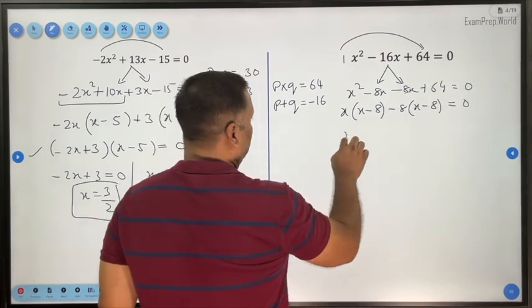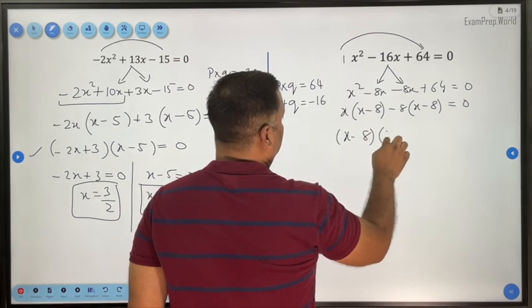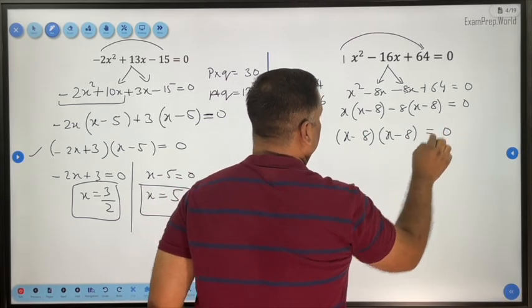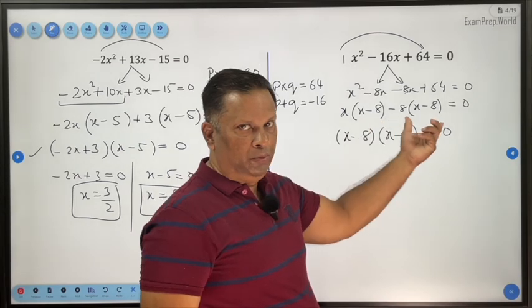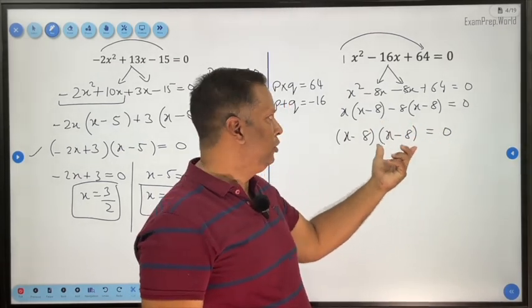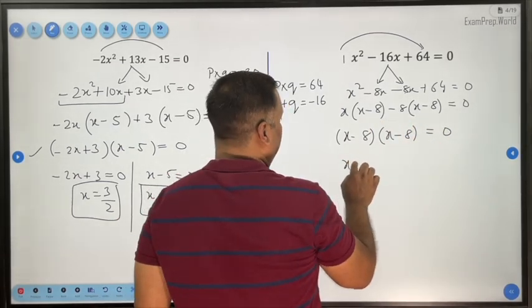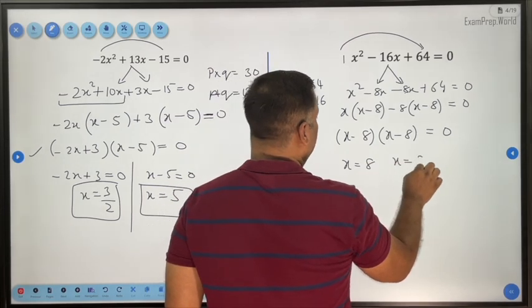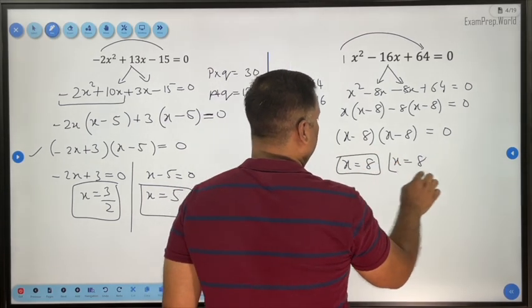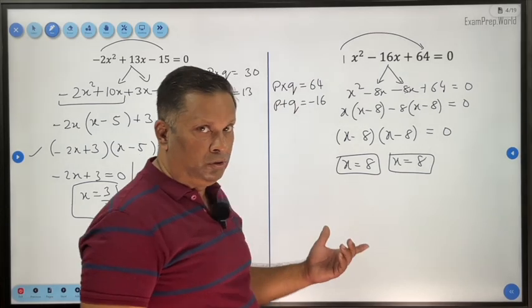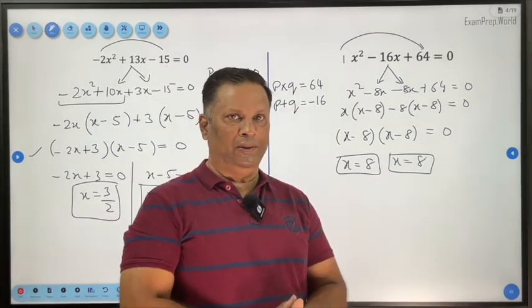Now it is x minus 8 times x minus 8 equal to 0. Here both will give you the same values because both factors are the same. So it has equal roots. So here x will be 8 and here also x will be 8. There are two roots but both are equal. Okay.